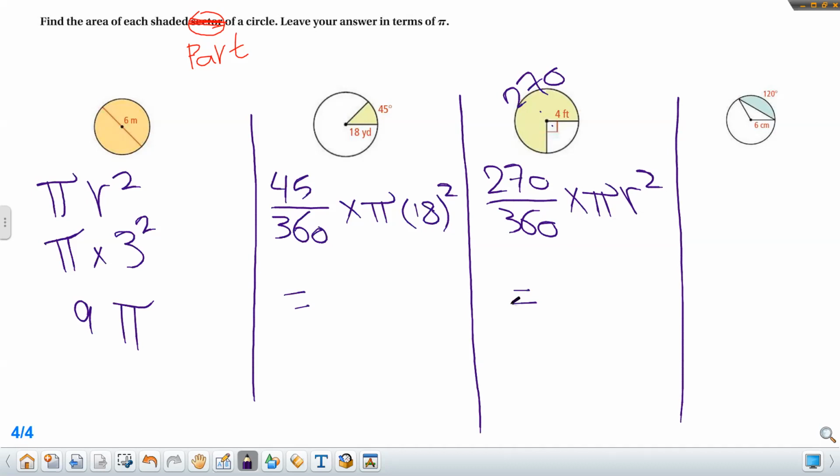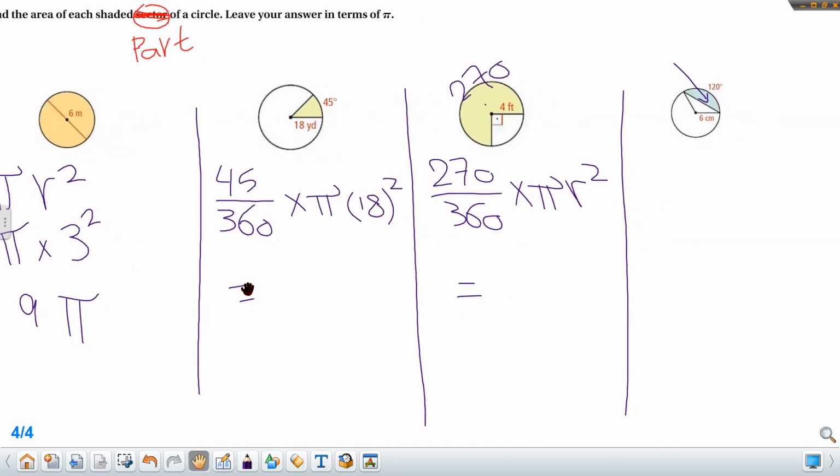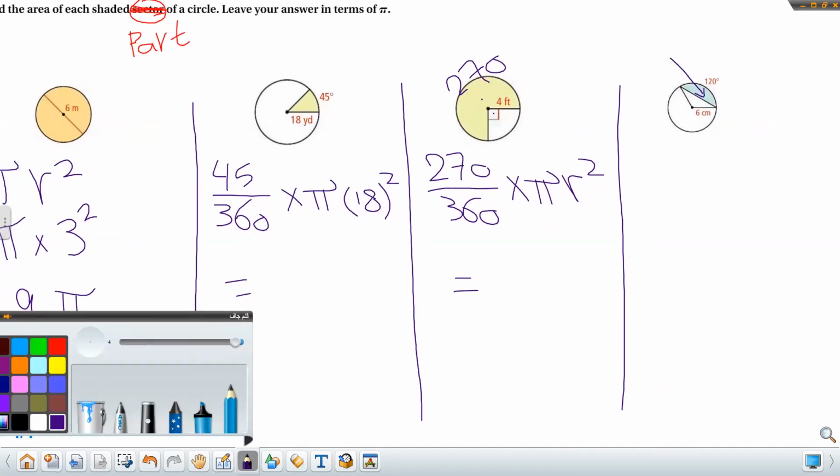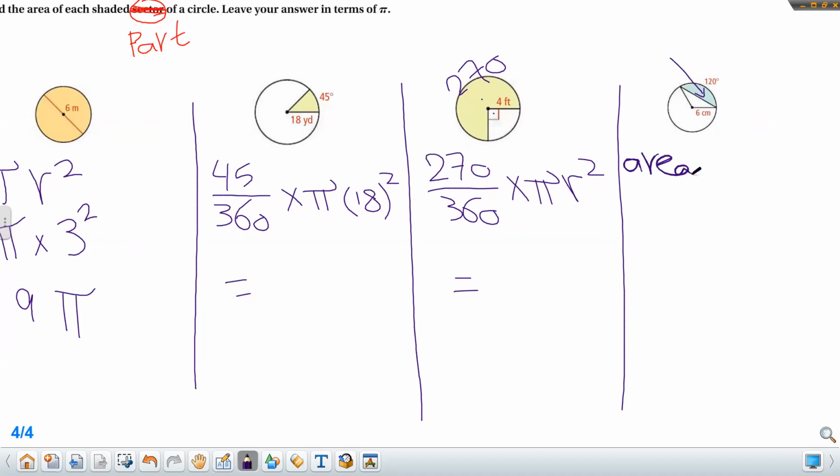The next one. Here we need the area of the circular segment. The area of a circular segment is the area of the sector minus the area of the triangle. So first you must find the area of the sector. The rule is the measure of the arc over 360 times pi r squared.